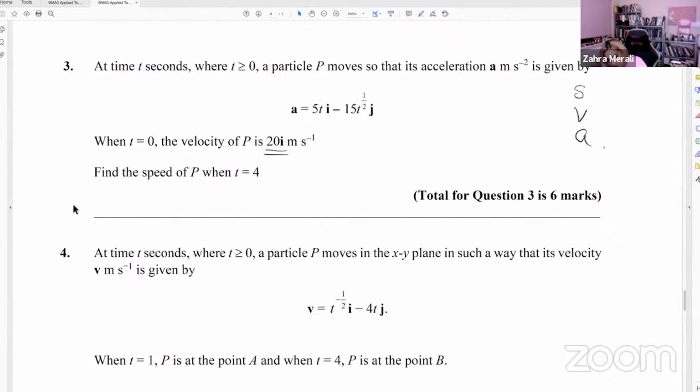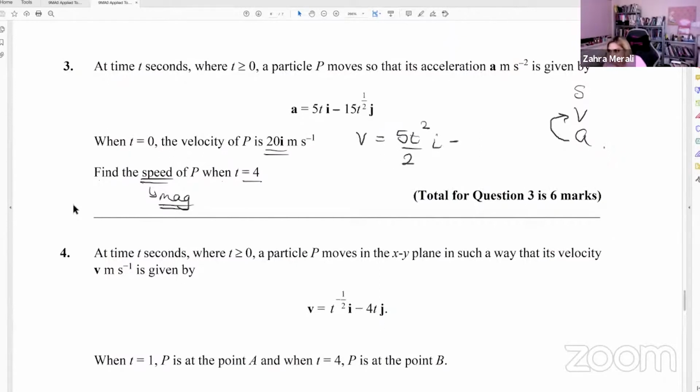We want to find the speed when t is 4. So we see speed, we're thinking, okay, we're going to need the magnitude in the end. But let's have a look. We've got a, and we want v, so we're going to integrate. When we integrate this, add 1 to the power. So 5t squared over 2i.